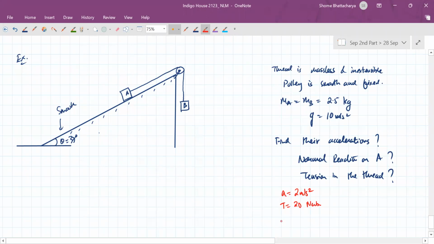And the normal reaction acting on the block A, you will get that as 20 newtons also.